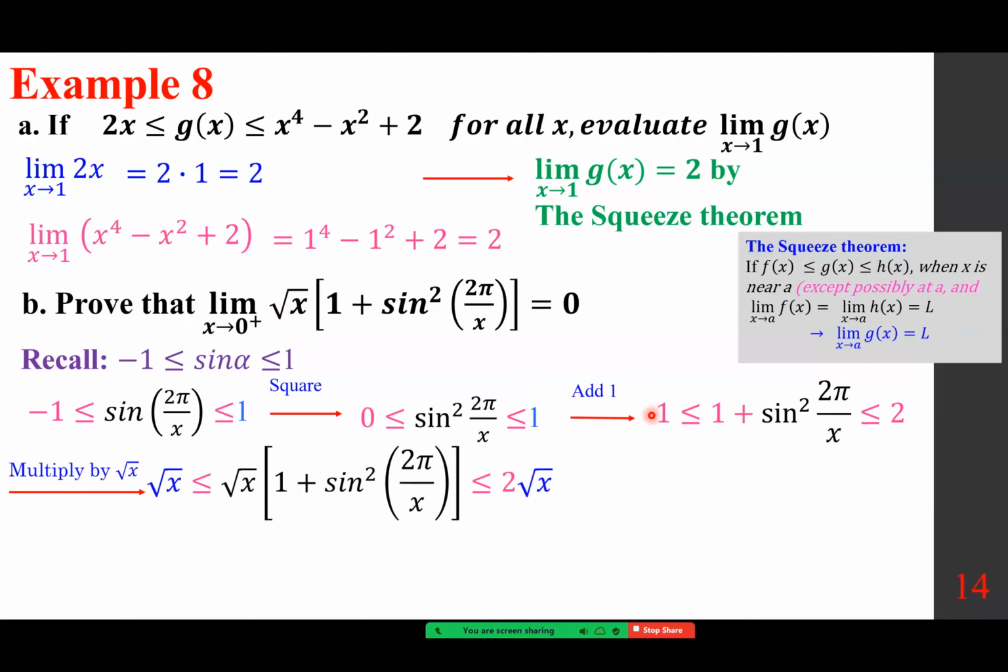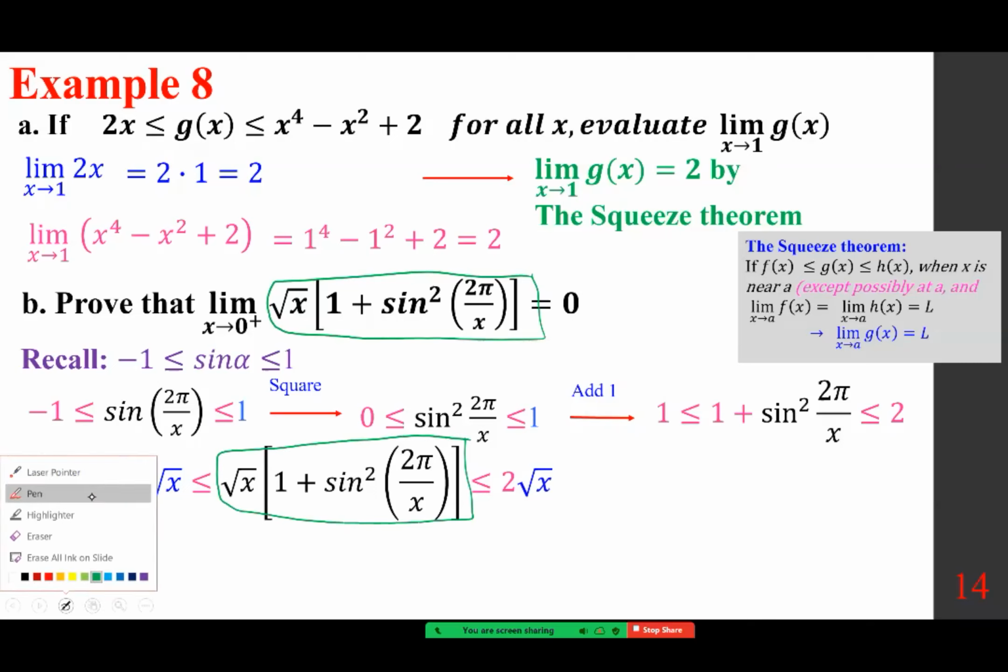So this one gets multiplied by square root of x, and this one, we put in brackets, times square root of x. Now, take a look. This looks like this.